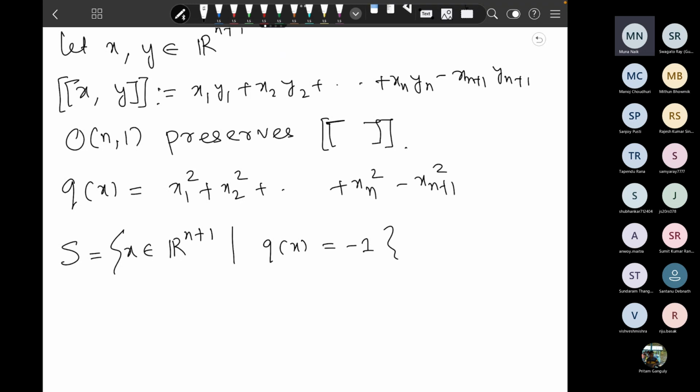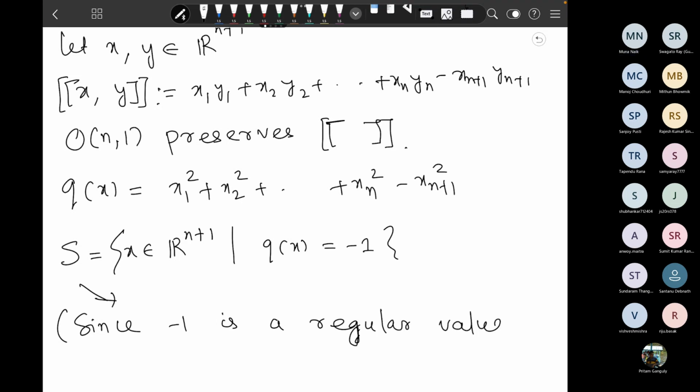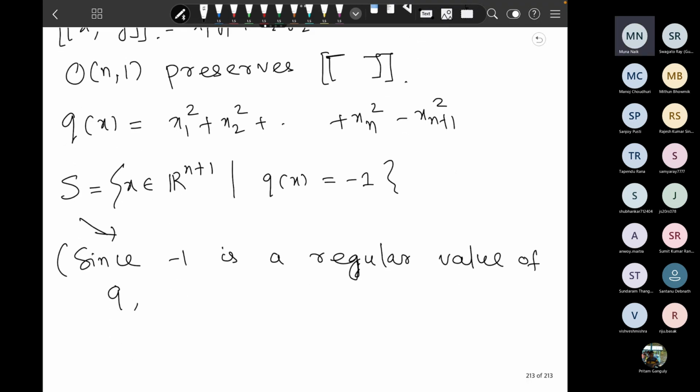Actually, this S is a smooth manifold. I will not prove it, but since -1 is a regular value of the function q, S will be a smooth manifold.